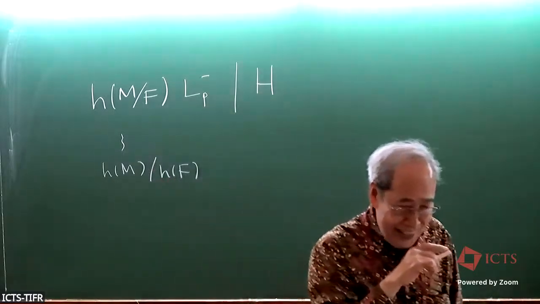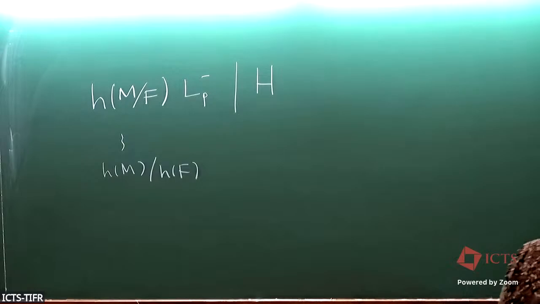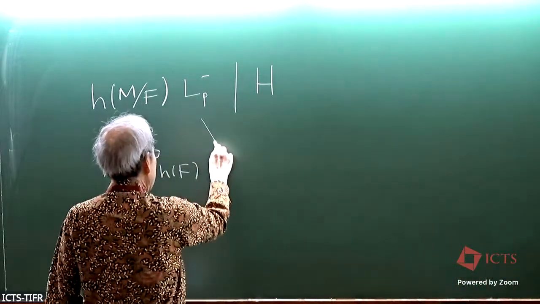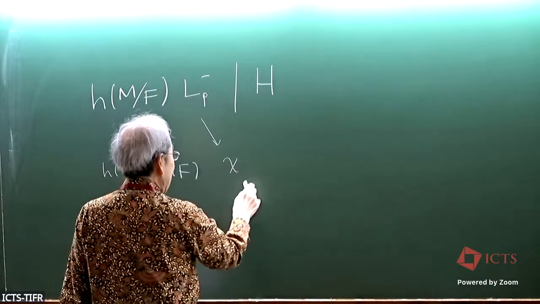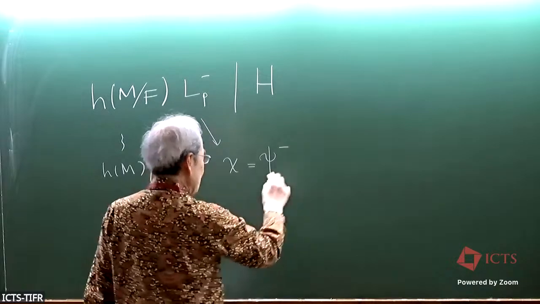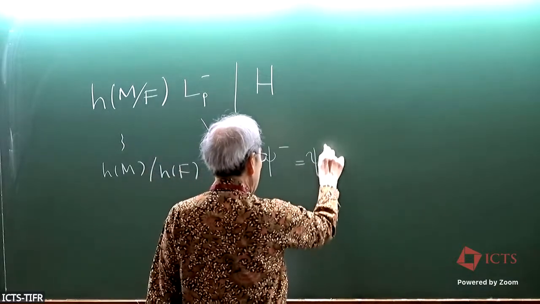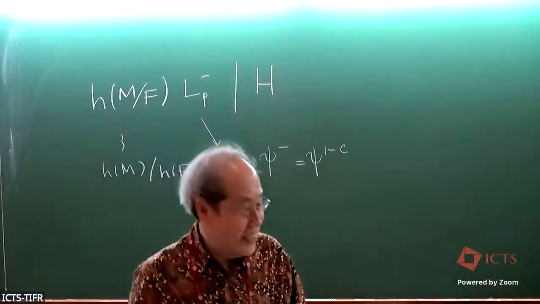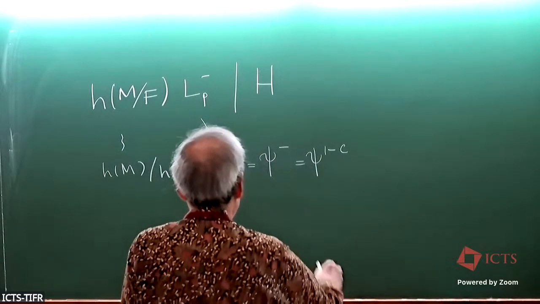This H is a kind of branch character; the branch character of this is chi, and this is written as a psi-minus projection. That means psi times one minus complex conjugation inside. In this way it is written, and the branch character is psi.